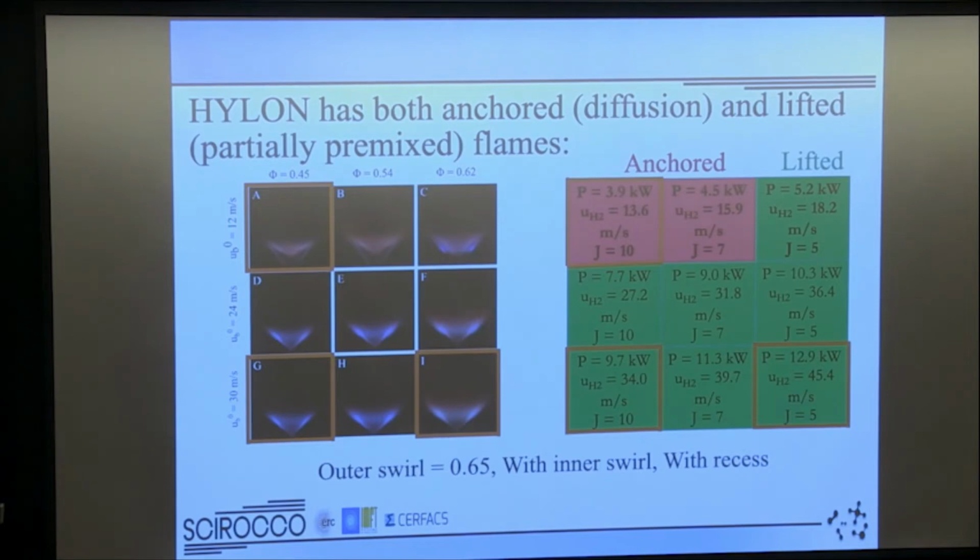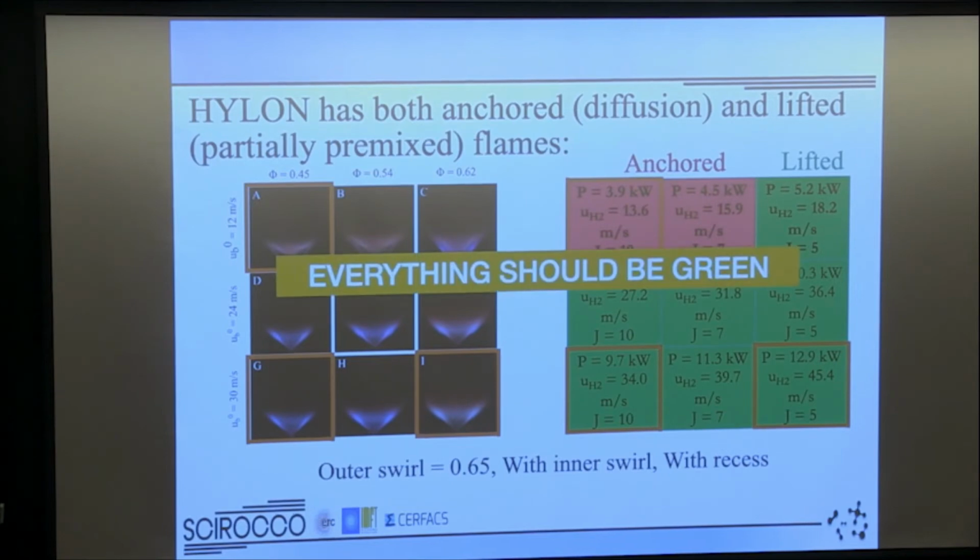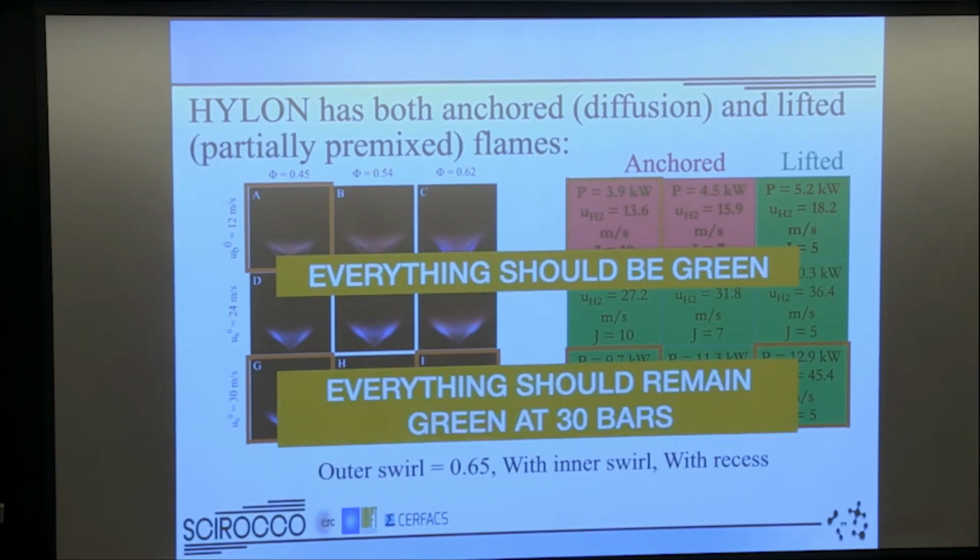It's lifted, so you could operate that in an engine. When it's red, it's not good because you have a diffusion flame, the NOx goes up, and you cannot operate the system like this. Everything should be green, which is fine in the lab, and also everything should remain green at 30 bars, which is more difficult. When you go high in pressure, other things may happen.